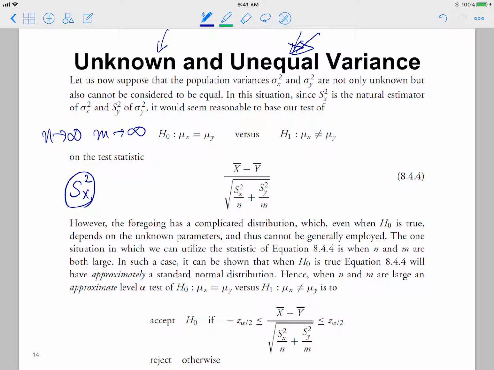So this value is basically an estimator. This is called a sample variance, right? And it's an estimator of our true parameter sigma x squared. But if n gets larger and larger, then this value will converge to the true value sigma x squared, right?